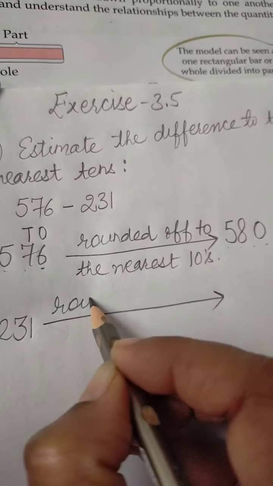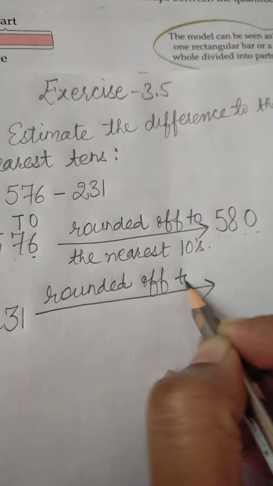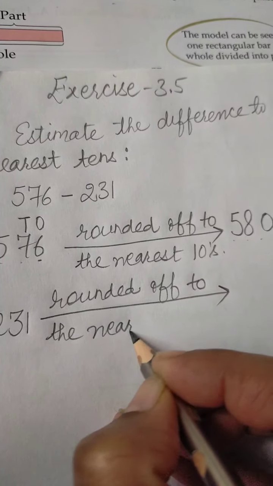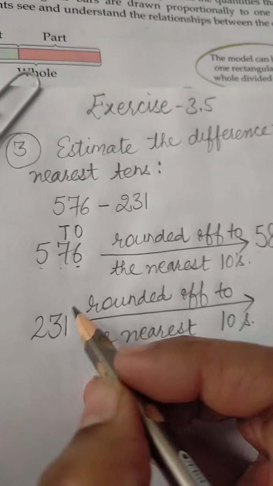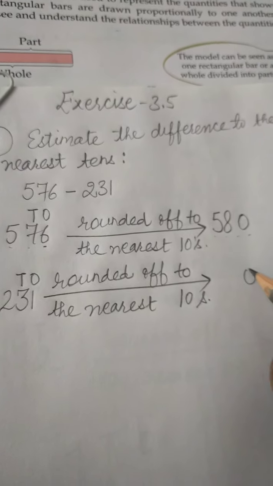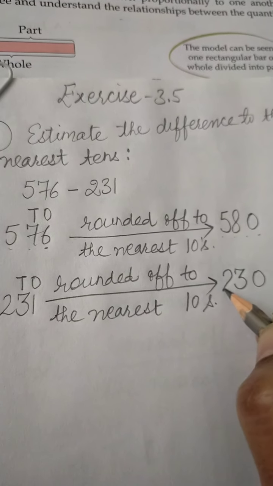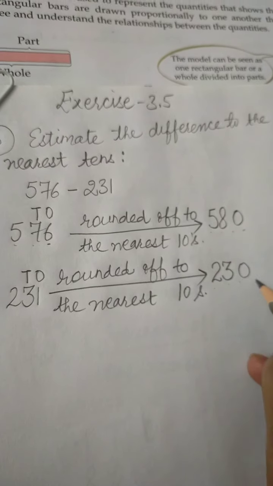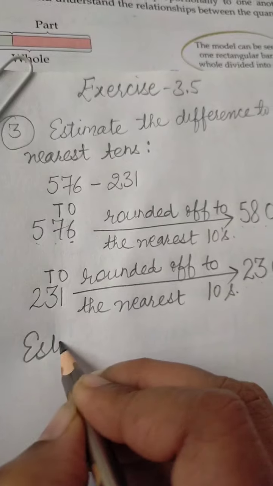Now 231 rounded off to the nearest tens. Ones, tens. Ones place 0, tens place will remain the same, and the hundreds place has no role, so we will write it as it is. So here we got 230. Now we have to find the estimated difference.